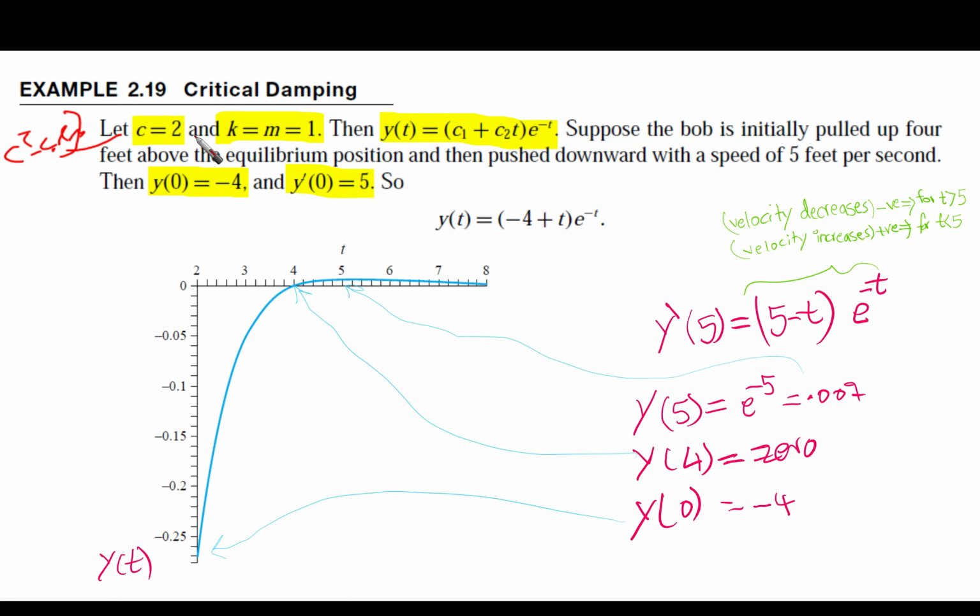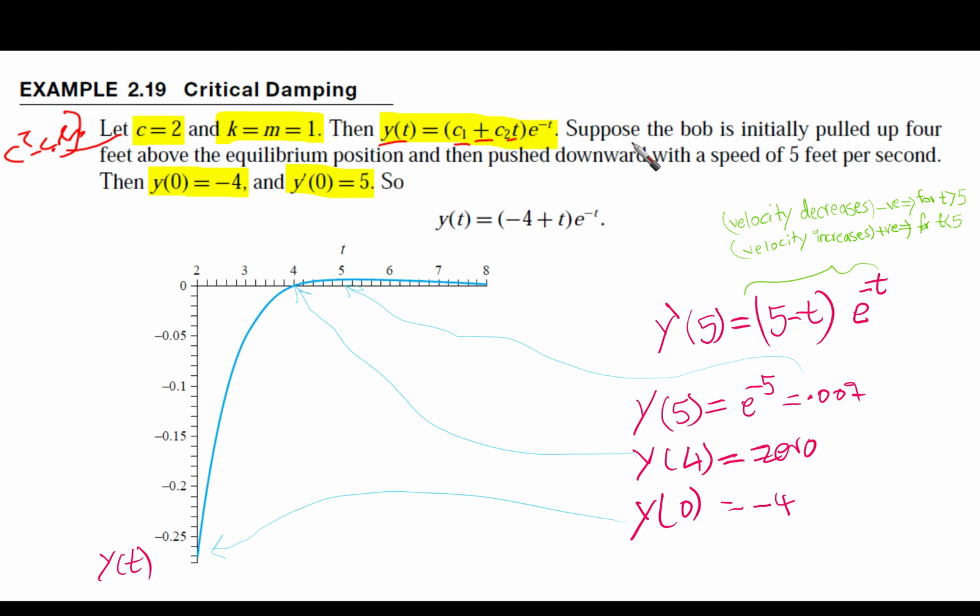So in this case, we find that the general solution y of t is going to be (c1 plus c2 t) times e to the minus t.